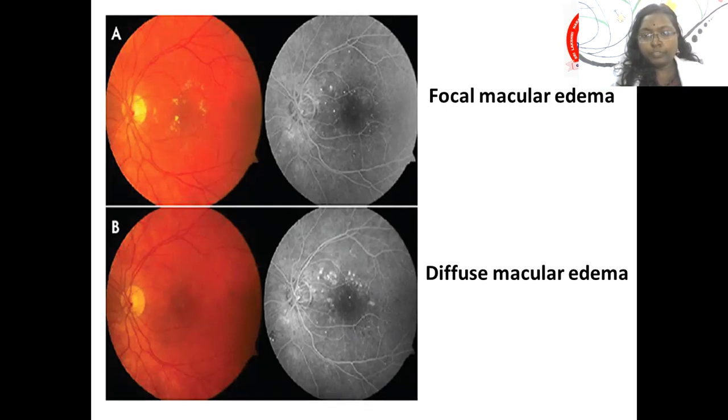Below, you have diffuse macular edema. In diffuse macular edema, you can see hard exudates. The hard exudates prevent the perfusion.